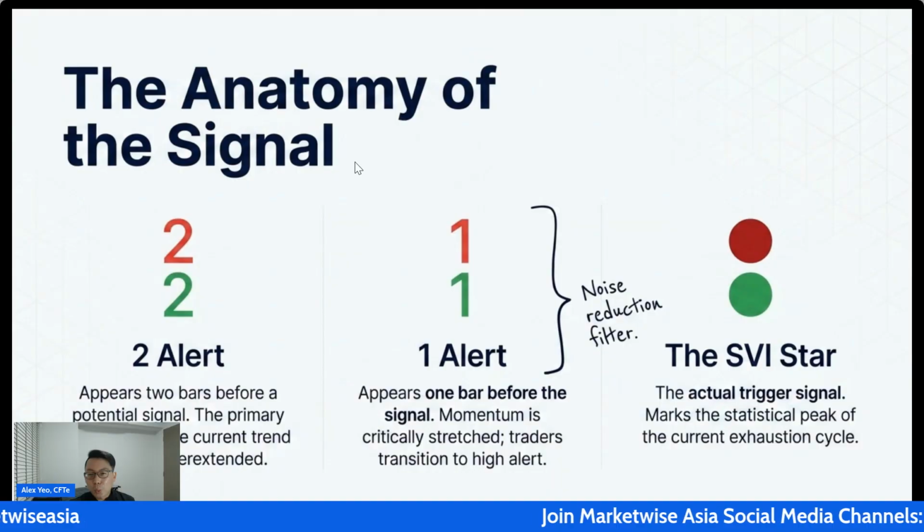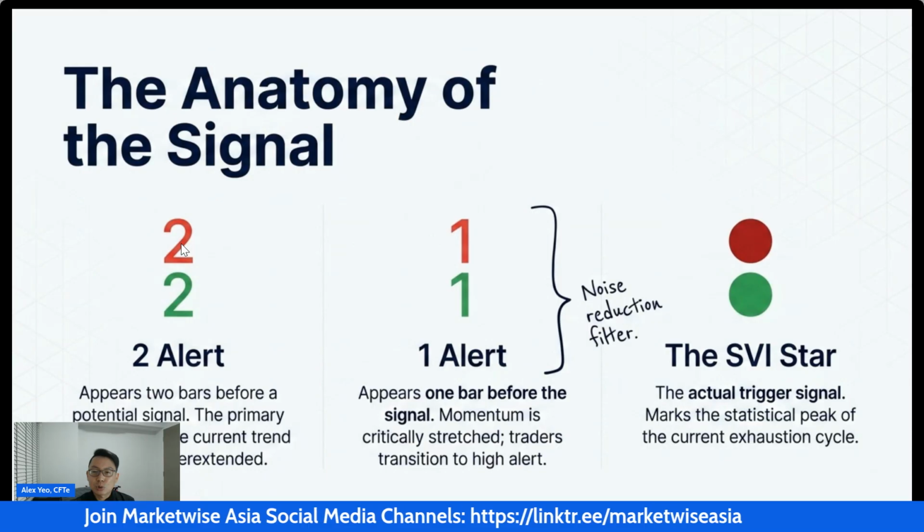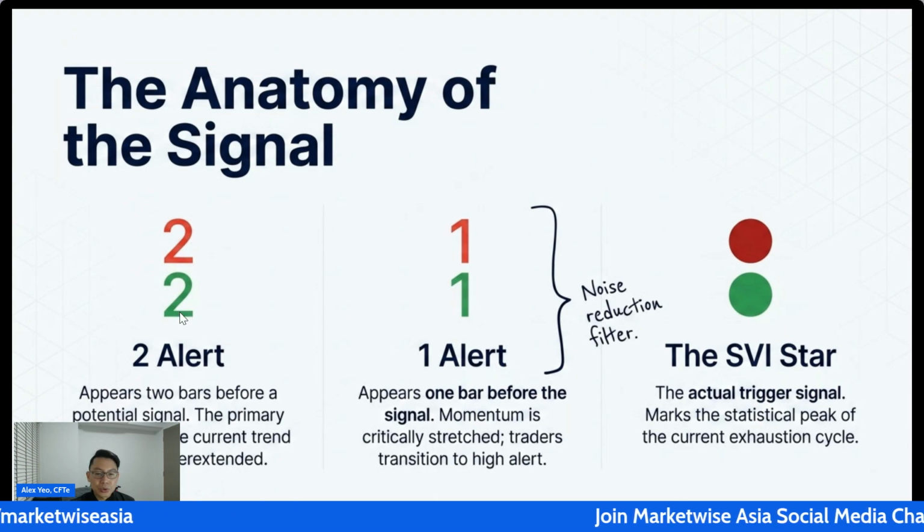On the indicator, you should see sometimes a few numbers, which are basically just 2 and 1. If price is at a swing high, you will see the red one. If price is at a swing low, you will see the green number or the star.